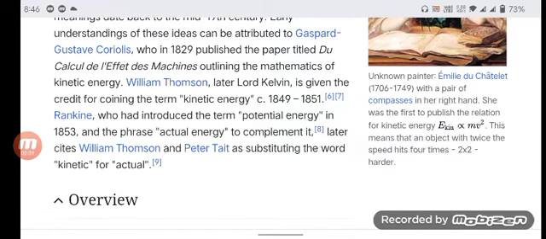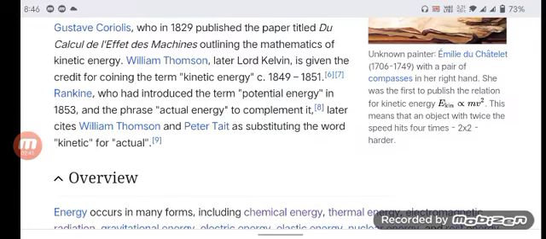William Thomson, later Lord Kelvin, is given the credit for coining the term kinetic energy around 1849. Rankine, who had introduced the term potential energy in 1853, and the phrase actual energy to complement it. Later, William Thomson and Peter Tait preferred substituting the word kinetic for actual.